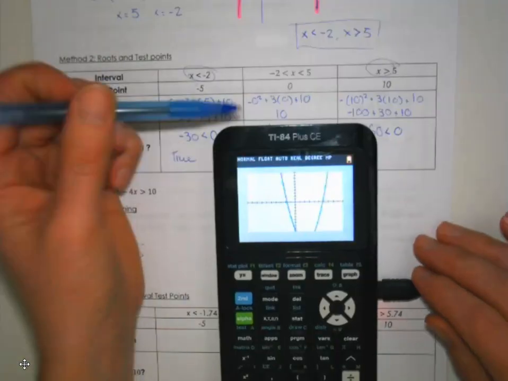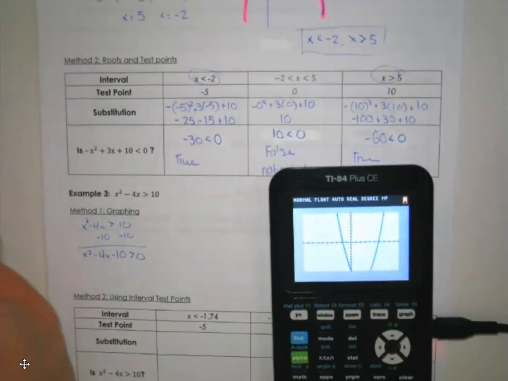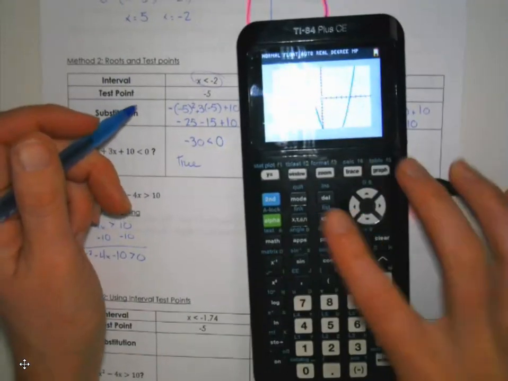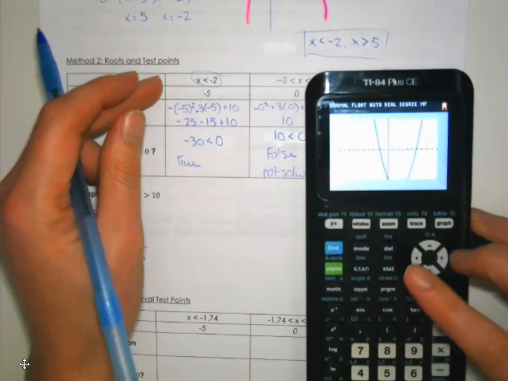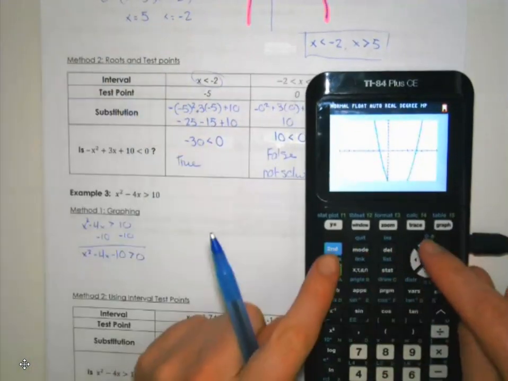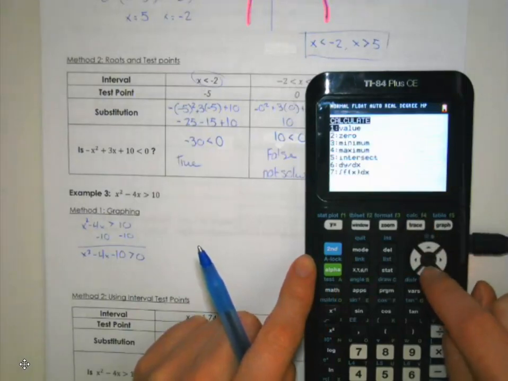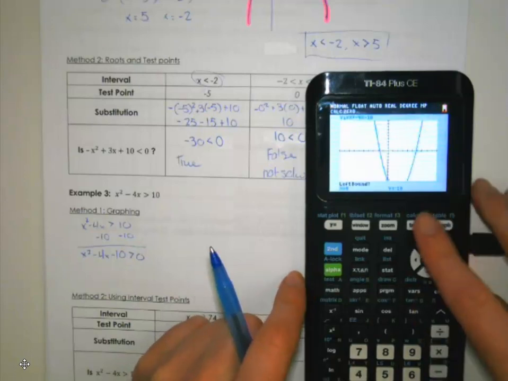Okay, so we have our graph here. So remember, what you're looking for is your x-intercepts, of course, or your zeros. So in order to solve for that, remember you're always going to be pressing, sorry, this camera always has the worst reflection, but I want you guys to see the buttons. Second function, trace, and we're looking for the zeros, so enter. Or just scroll down and hit enter there.